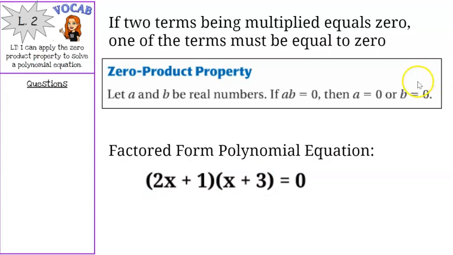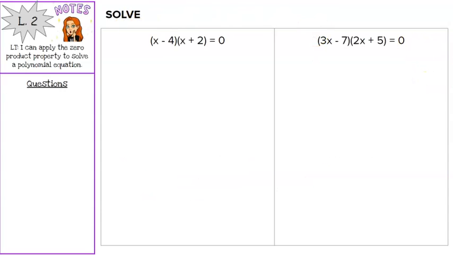Let's apply that here. So we are going to solve x minus 4 times the quantity x plus 2 equals 0. Let's just say x was 7. If I put 7 in there for x, it'd be 7 minus 4 times 7 plus 2.